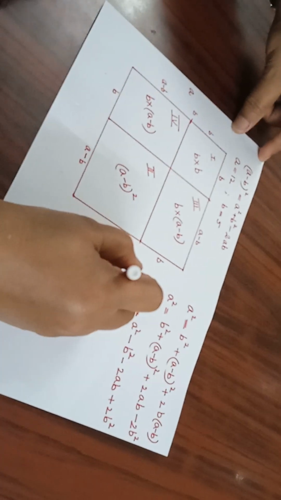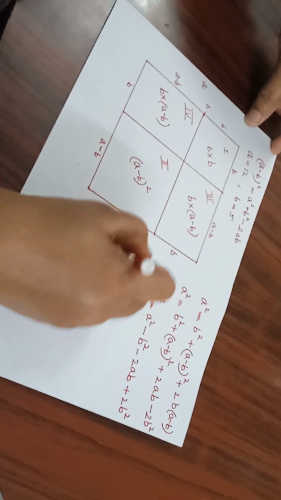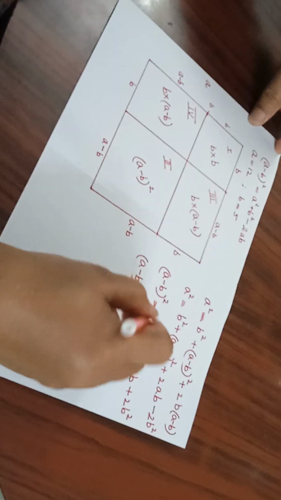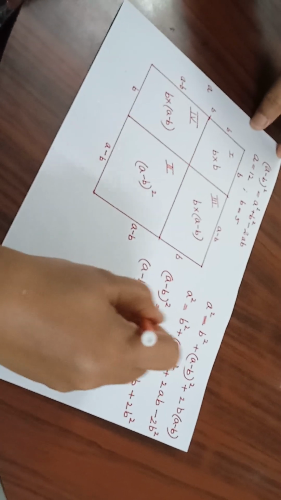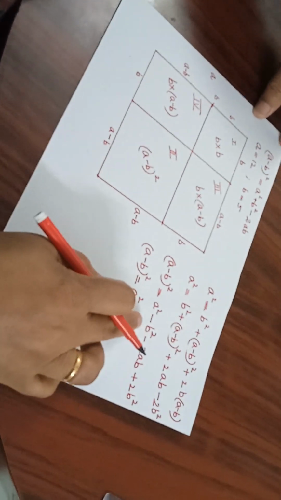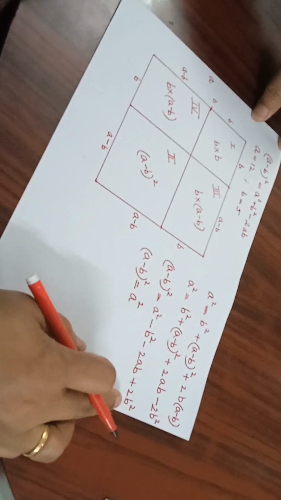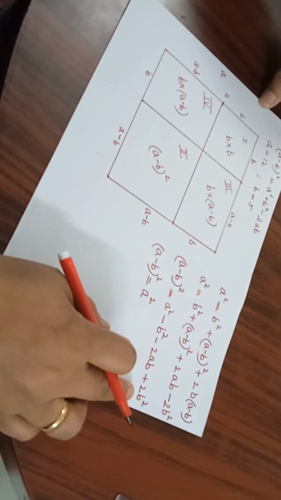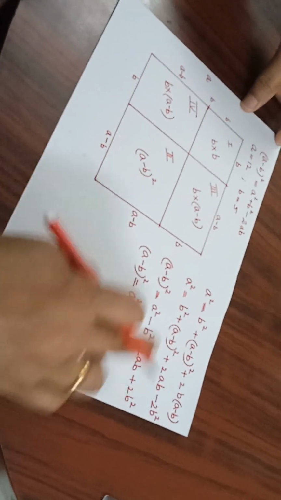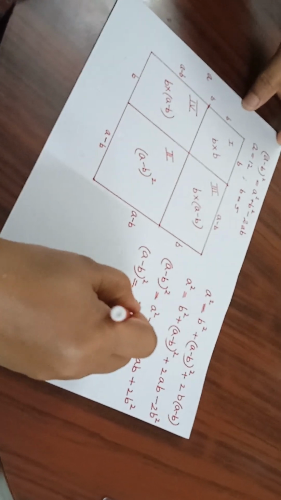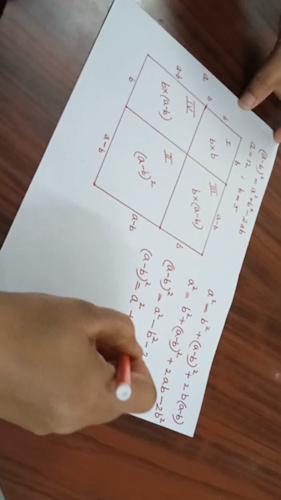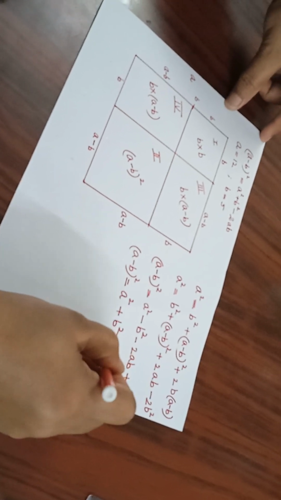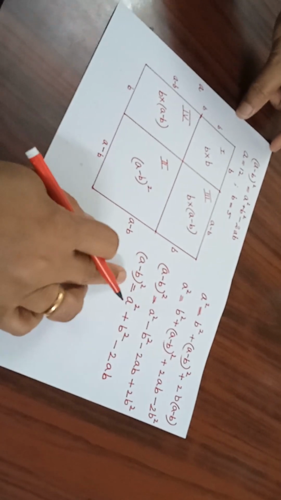So again simplifying, (a minus b) the whole square is equal to a square minus b square plus 2b square. These are two like terms which we can simplify. While adding you get plus b square. Then the remaining term is minus 2ab. So we have arrived at the identity.